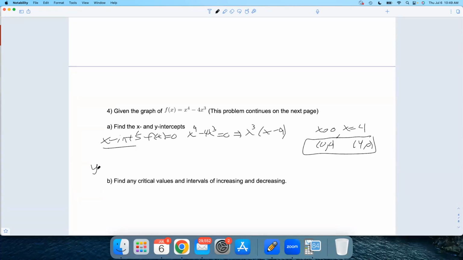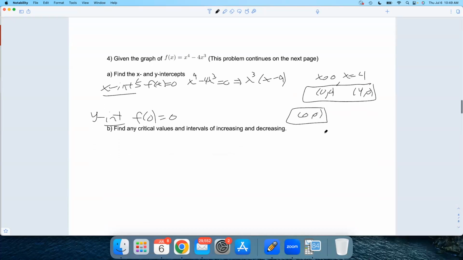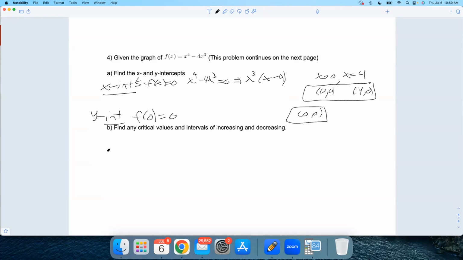What about the y-intercept? Actually, I already found it. To find the y-intercept, you always plug in 0 for x. That's just 0. So my y-intercept is the point (0, 0). I already had it right there. Okay, let's find our critical values, figure out where we're increasing and decreasing. That's what the derivative gives us. So taking the derivative, 12x squared.